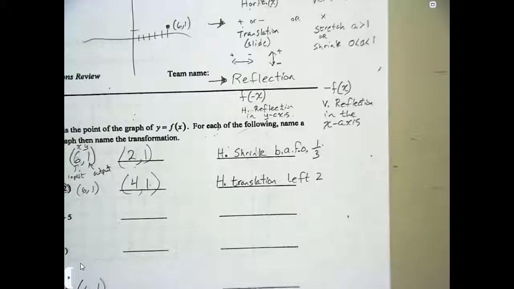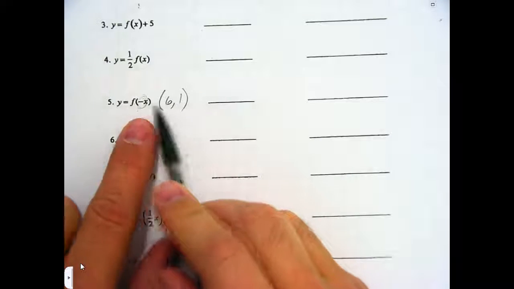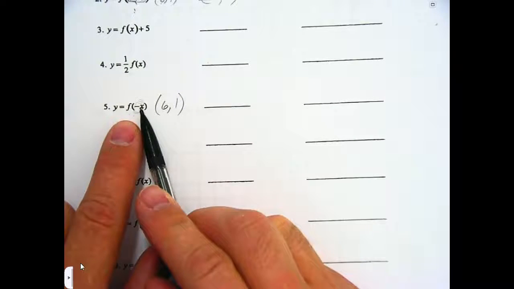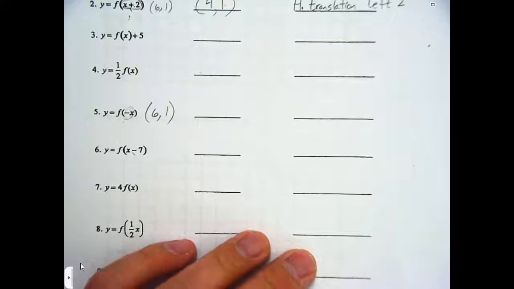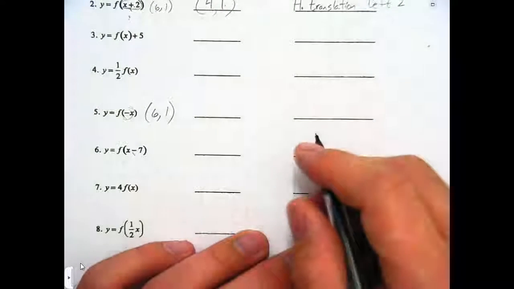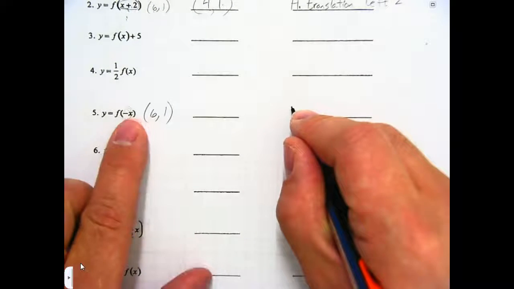Okay? Luke? I'm confused. How do you tell whether it's like a stretch, shrink, slide? Can we do that after we finish this problem? Okay. So let's go to number 5. Is this reflecting in the x or y? Number 5.